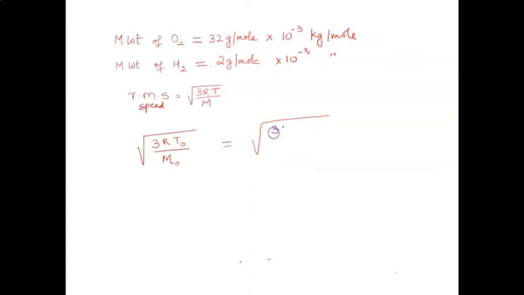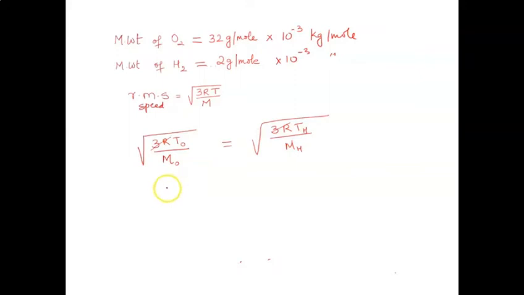Similarly, this side we write 3RTH upon MH, where TH is the temperature of hydrogen, which we have to find out, divided by the molecular weight of hydrogen. Now my 3R on this side will cancel with 3R from the other side, and the square roots also will cancel out.